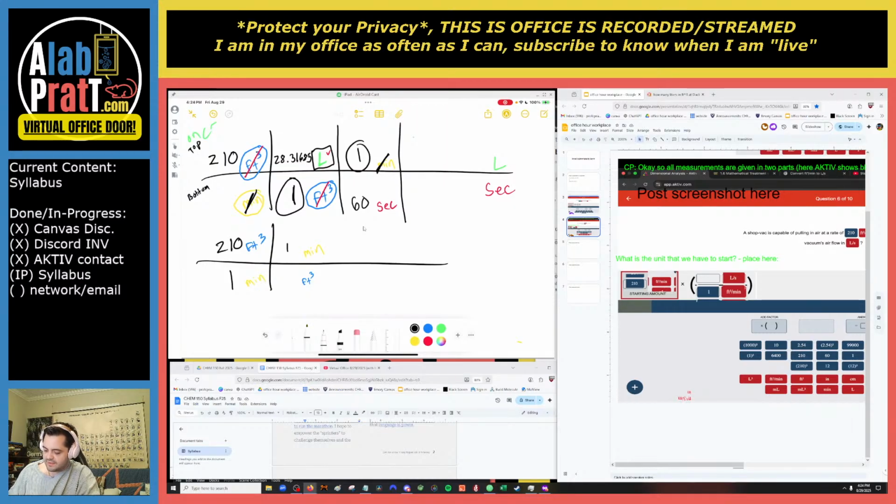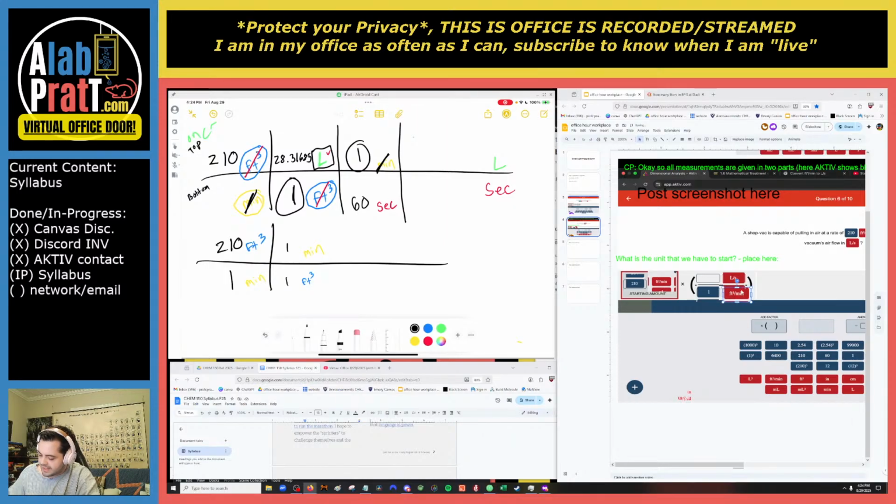And we're going to say this is 1-to-1: 1 foot cubed is equal to this 1 minute. I'm trying to explain the denominator in the Active answer. What happens when we put feet cubed per minute in the denominator? It puts our feet cubed onto the bottom.